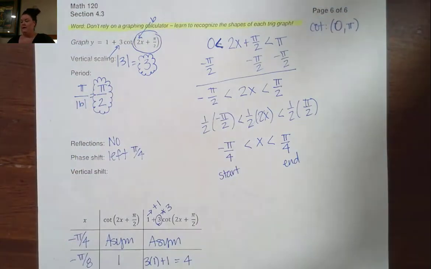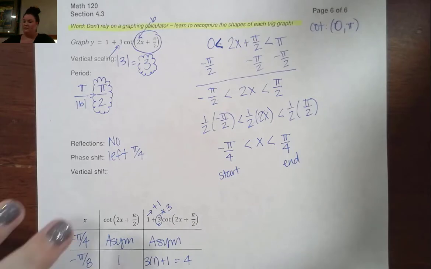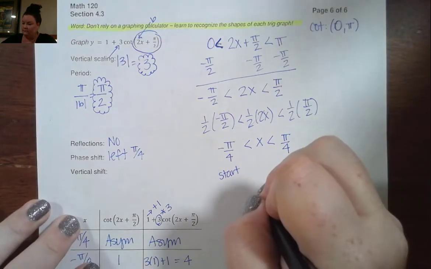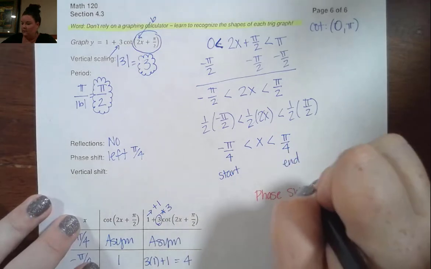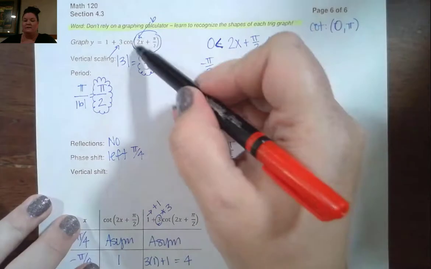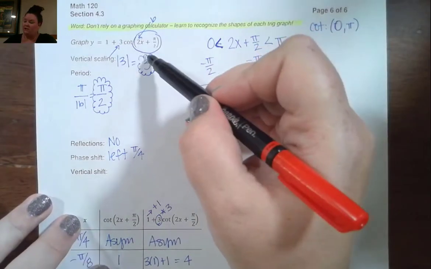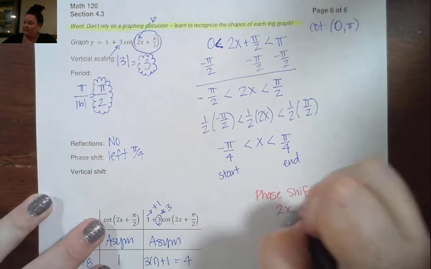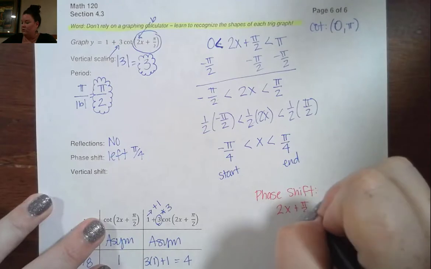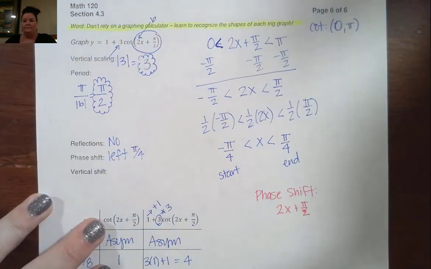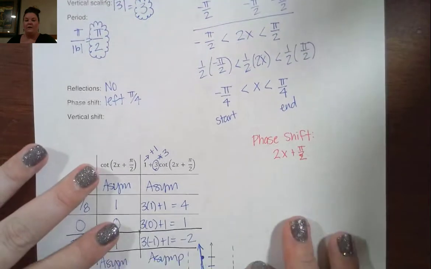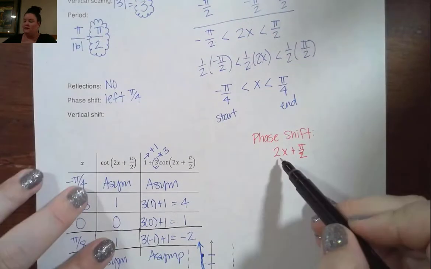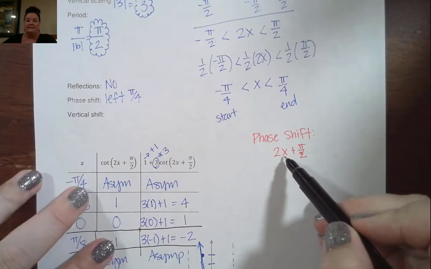Okay. Again, I'm going to go ahead and show you how to calculate the phase shift if you want to calculate it using what's inside here. So for the phase shift, we have 2x plus pi over 2, right? And in order to figure out how far left or right we've gone, we have to make sure that the number on the x is divided off.